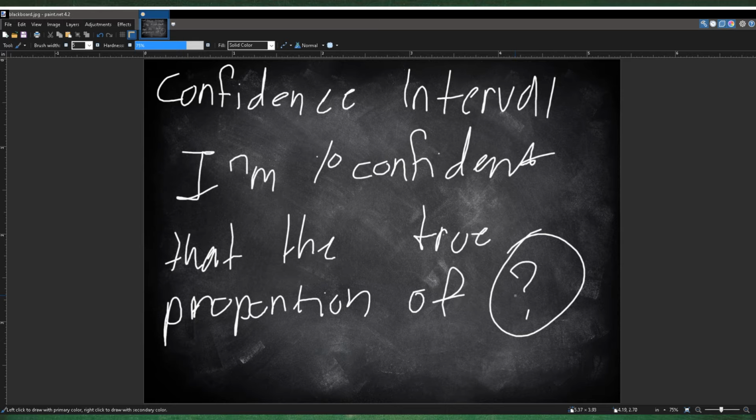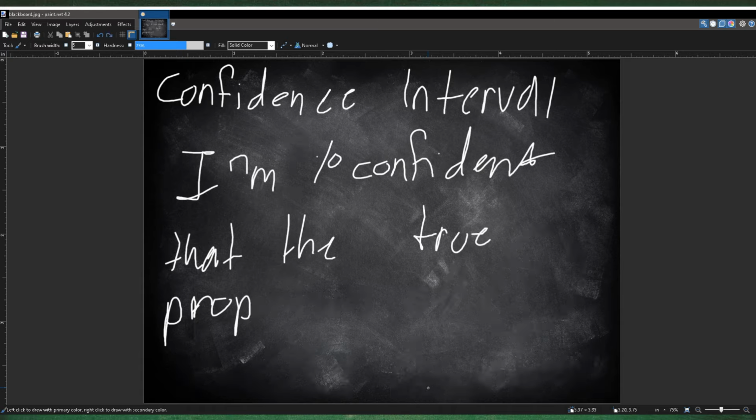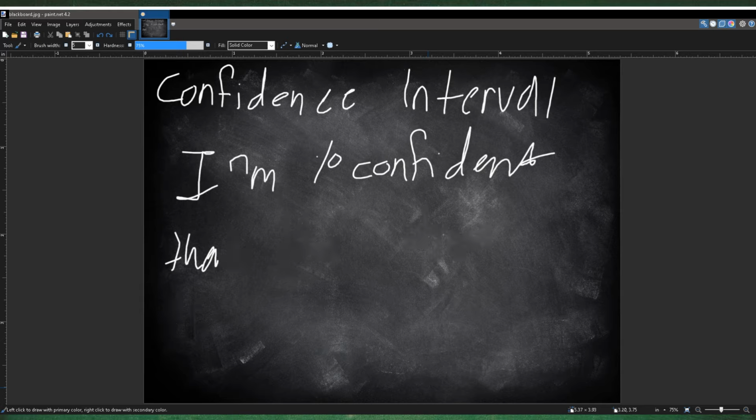Everything you write has to be in context, all the time. So you say, I'm 95% confident that the true proportion of freshmen in that high school is within the interval, and then you write your interval, 0.1 to 0.5. You always have to write this down. If you copy the statement, you're generally correct.